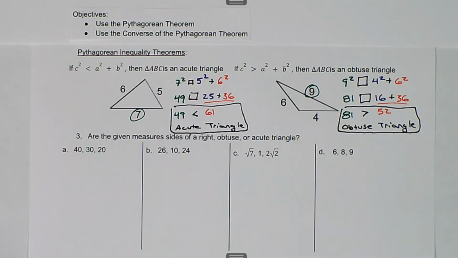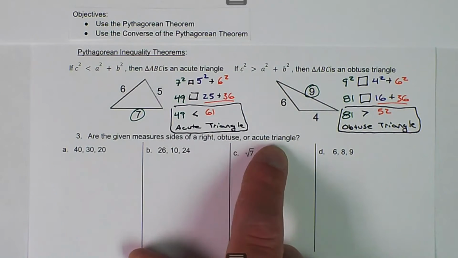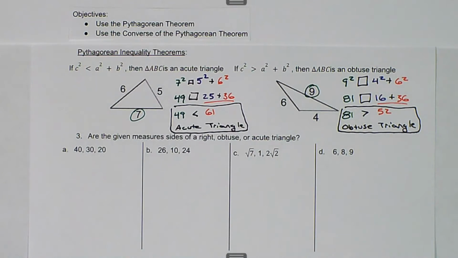So now we want to check the following 4 examples. And we want to check if the 3 sides are a right triangle, an obtuse triangle, or an acute triangle. And basically all we need to do is find the largest side.